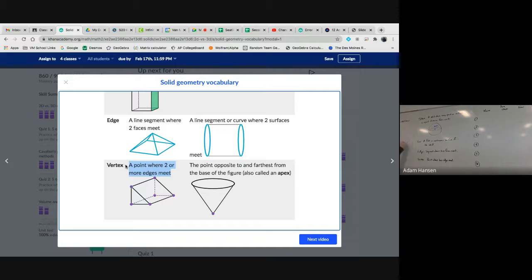Yeah. So there's your 2 vertices, pardon me. Vertex, point where 2 edges meet. How many vertices are there in the prism on top? 8. The 4 around the top base and the 4 around the bottom base.